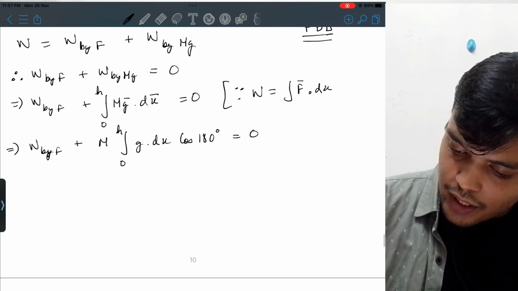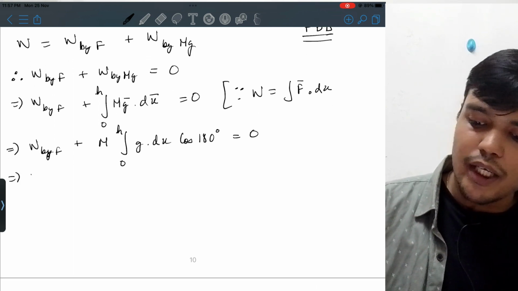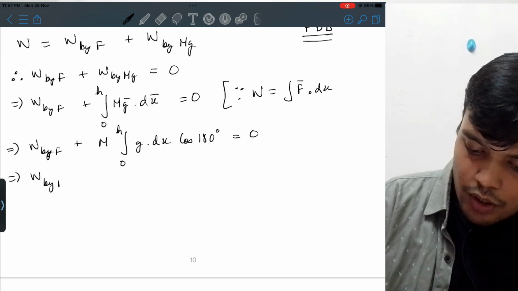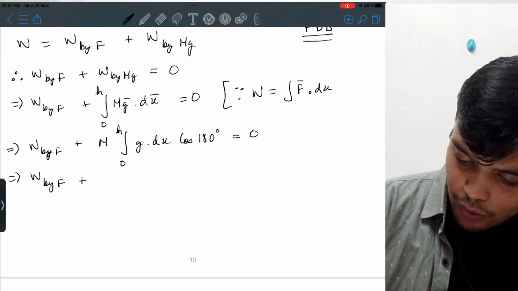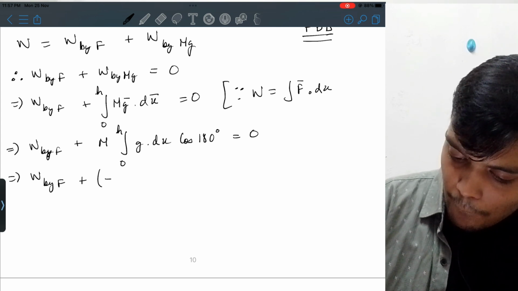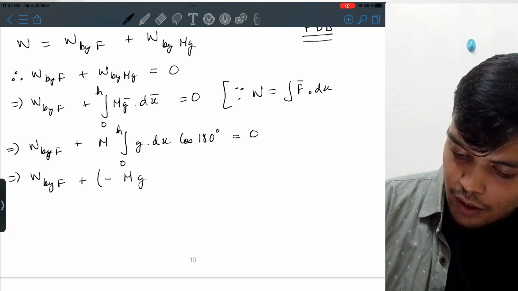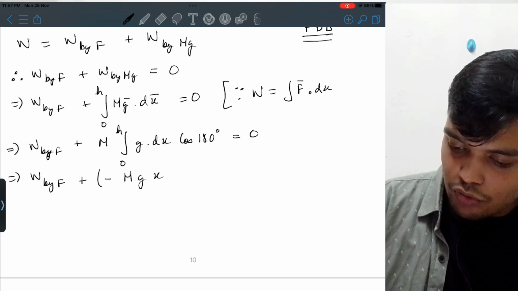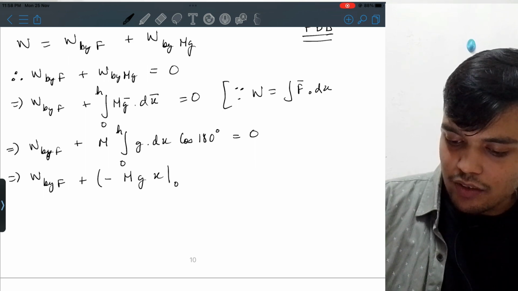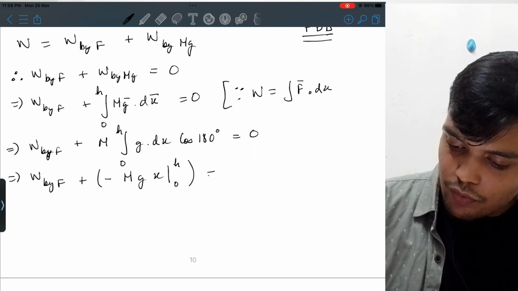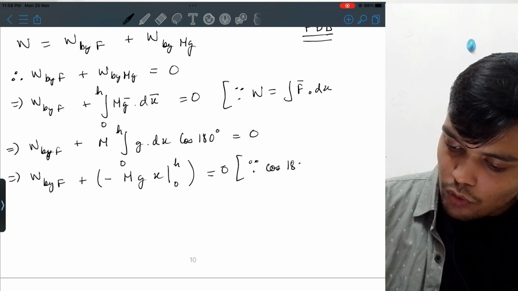We know cos 180 degrees is equal to minus 1, which implies work done by F plus, there will be a minus from cos 180 degrees, as mg is a constant and integration of dx is x, which will be from 0 to h, is equal to 0.